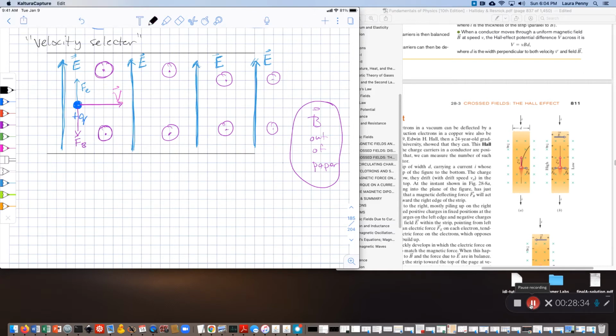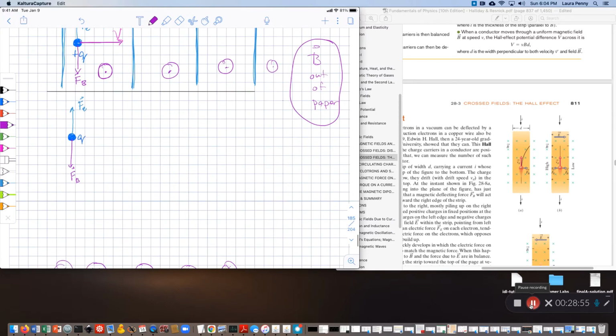So free body diagram wise, this Q feels an electric force which is up. It feels a magnetic force which is down. I can write this as an F net, essentially Y equation, where I pretend this is positive Y, where I say, okay, I have F sub E up, I have F sub B down.